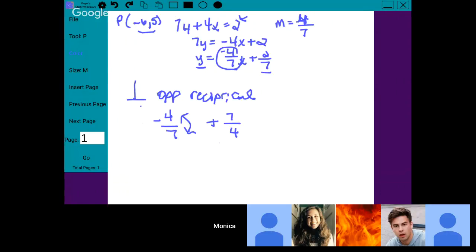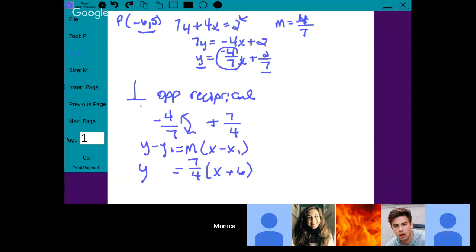So then you'll do y minus y1 equals m times x minus x1 again. And you'll plug in that slope, okay? So 7/4 times x minus 6, so that'll be plus 6.